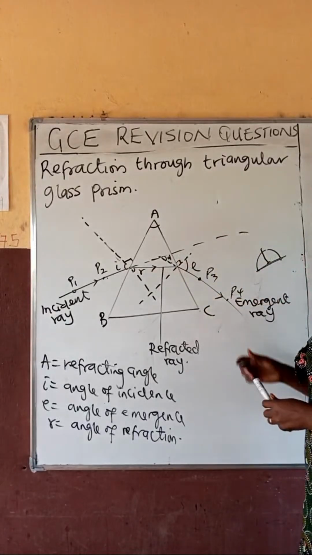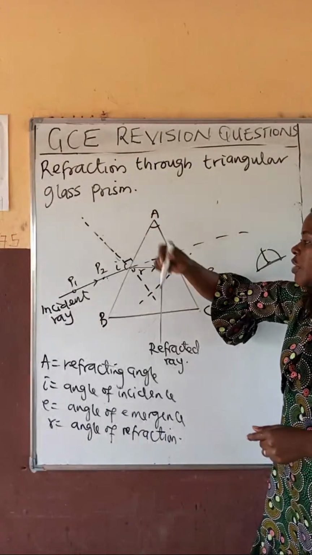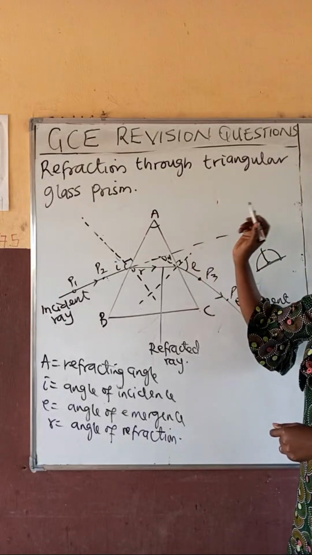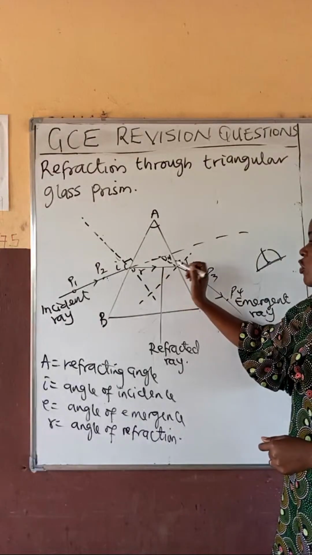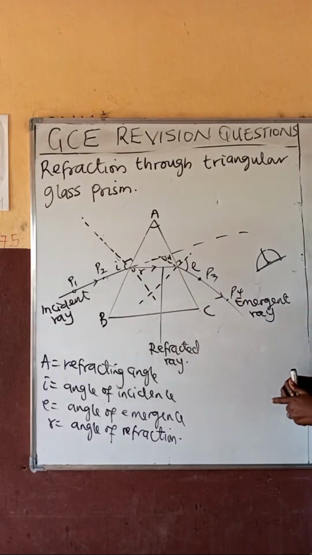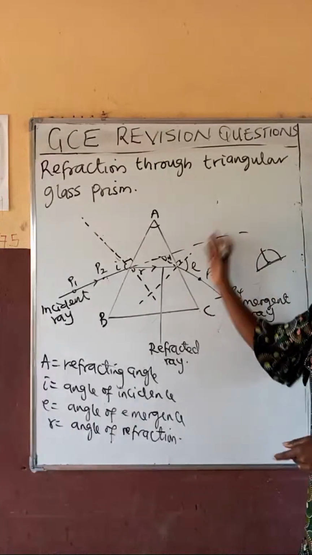Now I'm going to explain: the angle of incidence is the angle between the normal and the incident ray. The angle of refraction is the angle between this refracted ray and this normal. Then the angle of emergence is the angle between this emergent ray and this normal.